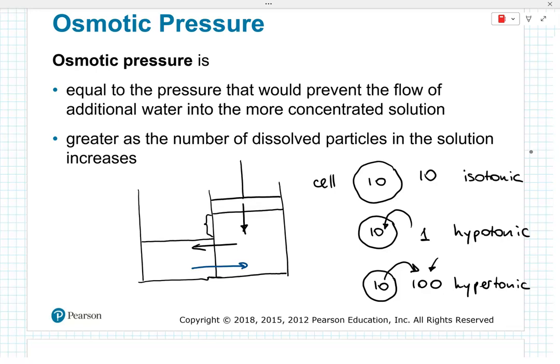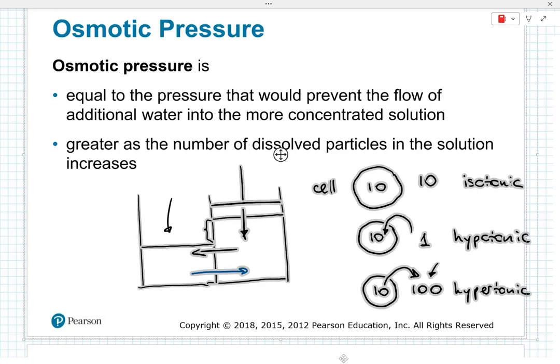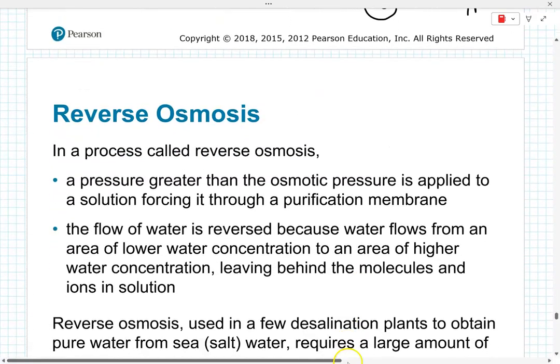Am I making sense? This pressure will simply force the molecules of solvent to cross the membrane from right to left, because solutes can't do that. So what you end up with is a purified solvent. Okay?